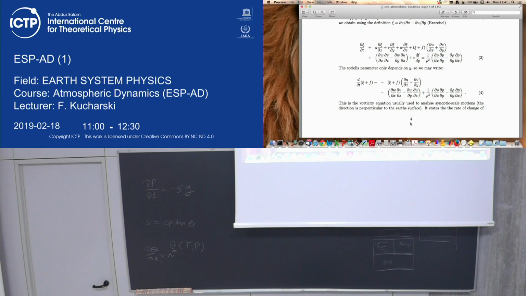That is possible because this is just a total derivative of f. Now, f is just dependent on y, unless the speed of the Earth's rotation changes very quickly, but this is definitely not the case, and we don't consider that.